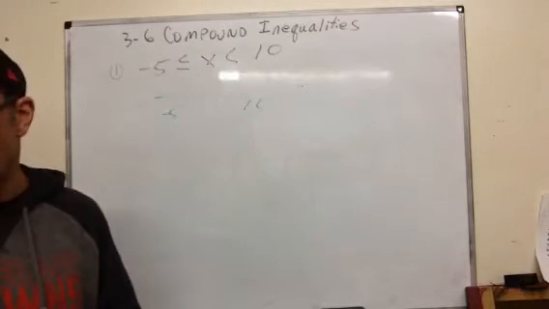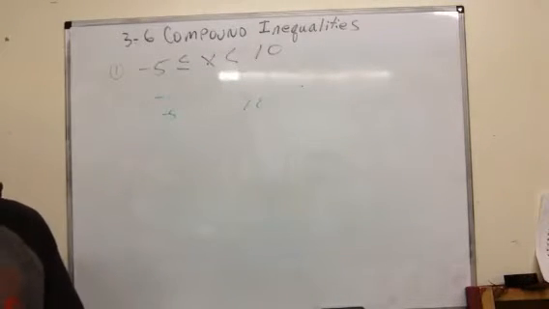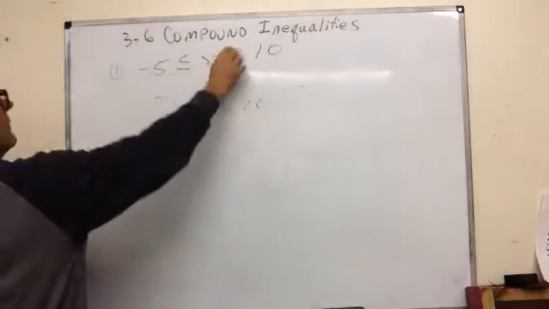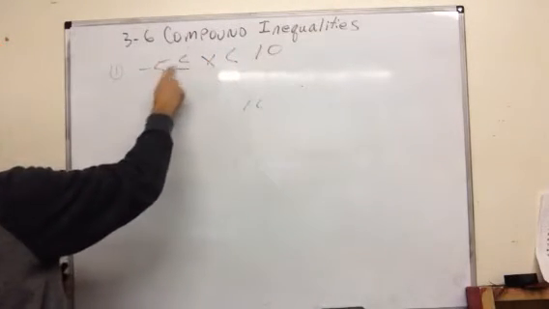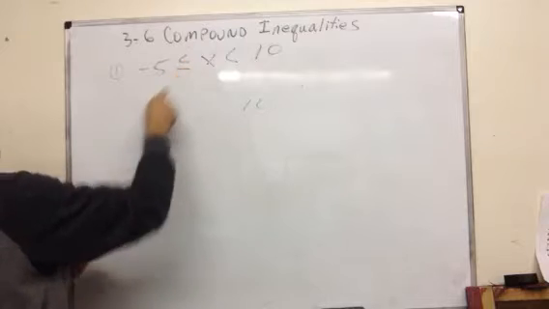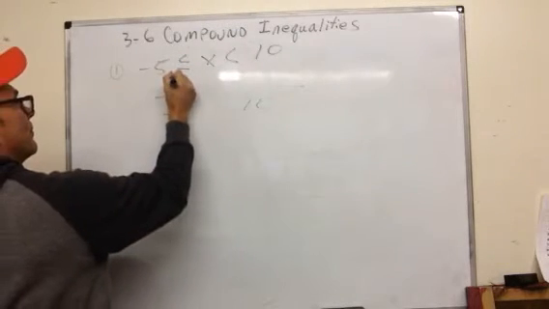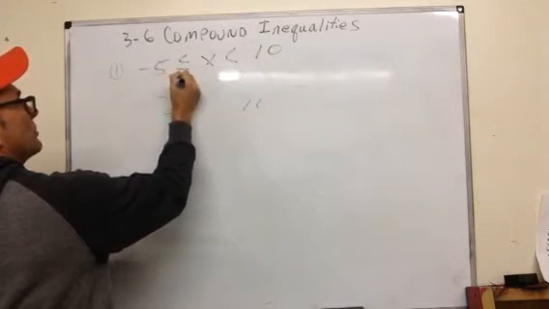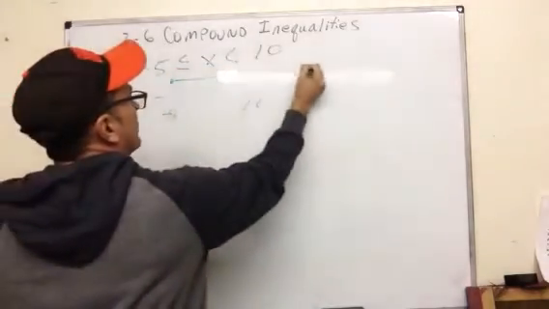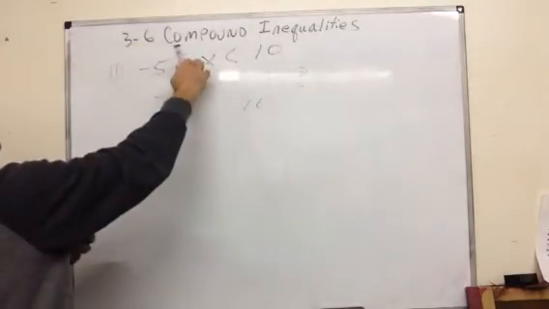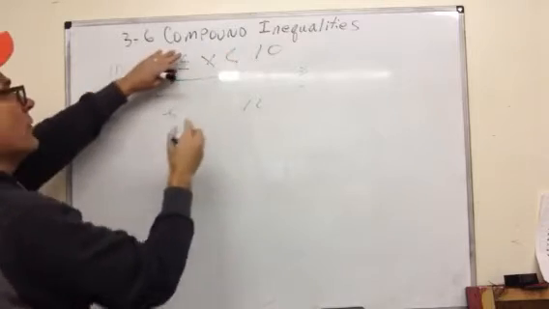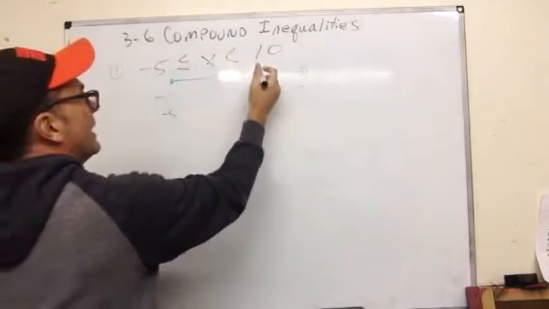When we start by reading this, start with the variable and read the inequality. So how is x related to -5? It's greater than or equal to. So greater than or equal to, remember it's a closed circle, and we're going to the right, I'm sorry, because it's greater than. The other one is x less than 10.